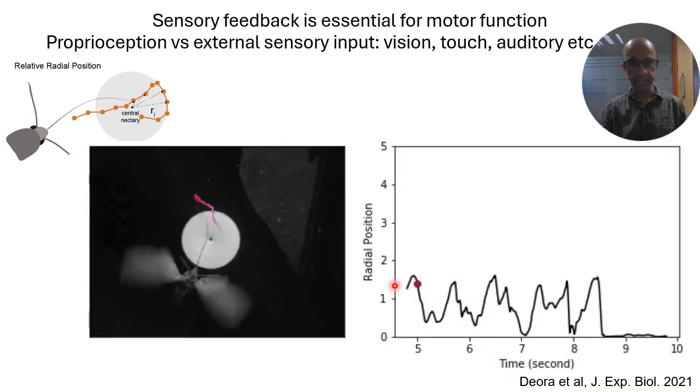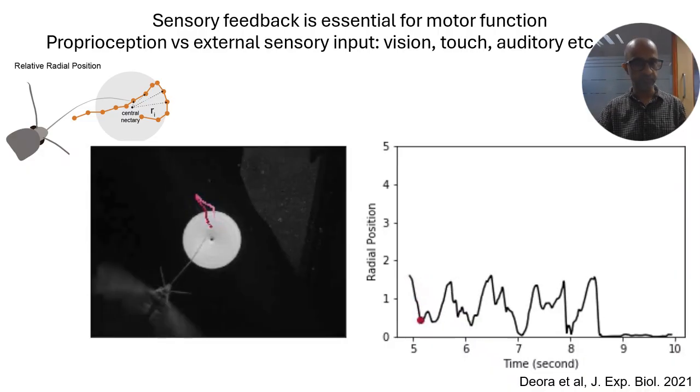So if you look at the radial position, it is going up and down, so going farther away, then coming closer, farther away, coming closer, till finally the moth figures out here is where it is, and it finally settles down to drink the nectar. Right? So your motor system now needs to get instructions from your somatosensory system to coordinate. So moths are not the only creatures that do this kind of sensory motor coordination.